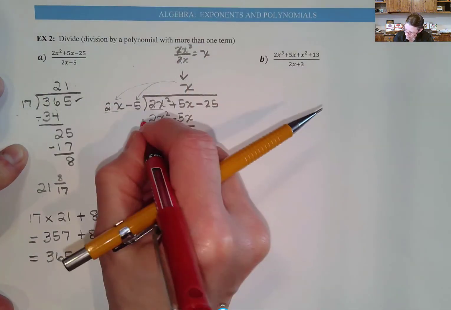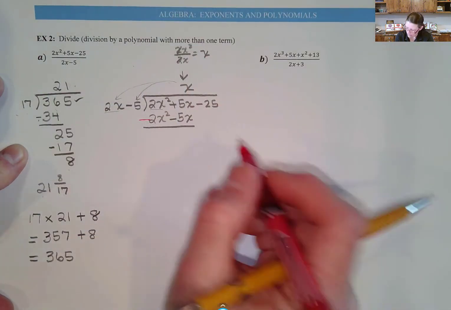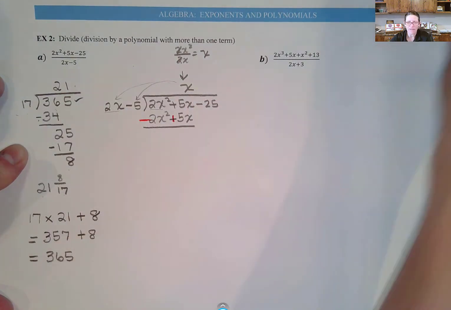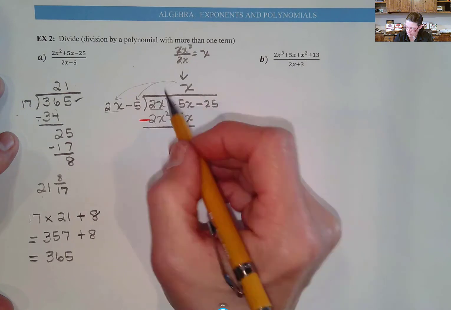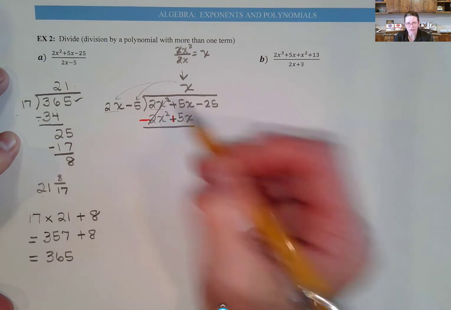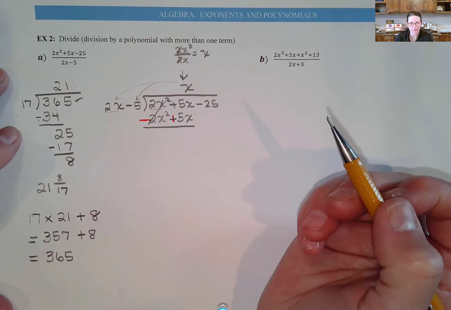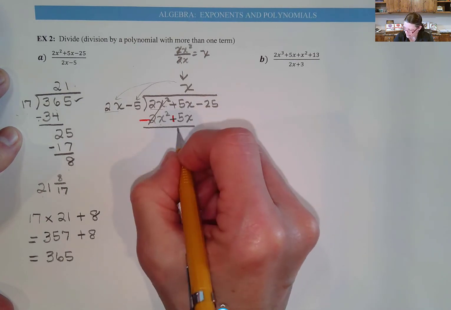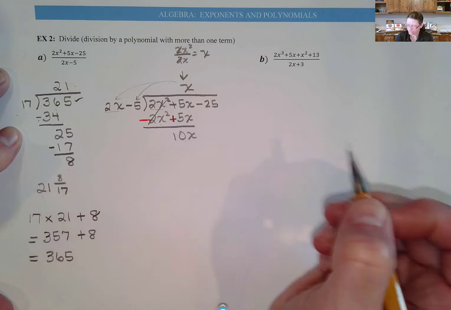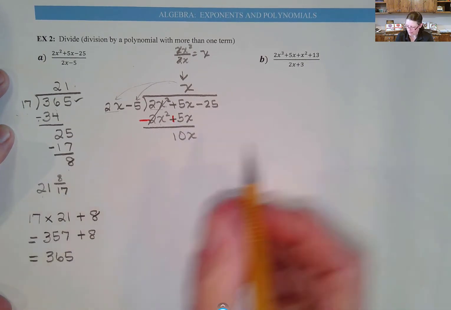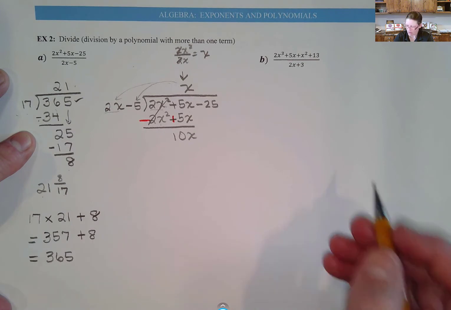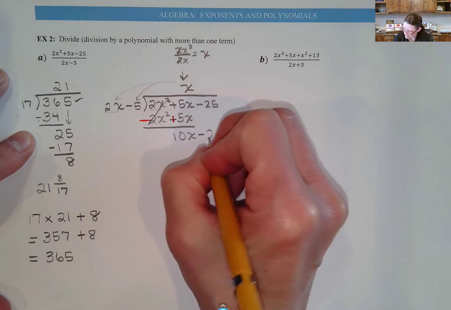So we're going to subtract 2x squared, that's a minus symbol there, and we're going to subtract negative 5x. 2x squared minus 2x squared cancels out, and that should always happen there. 5x minus a negative 5x, in other words, plus 5x is 10x. Now we repeat the process again, just like previously. Okay, there we dropped a 5, here we drop a minus 25.